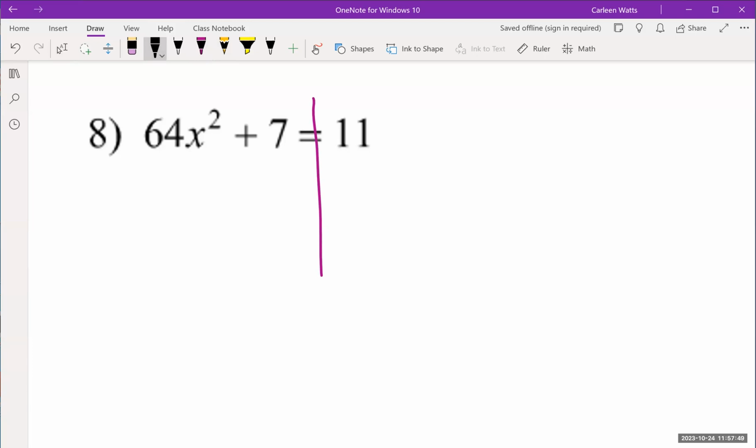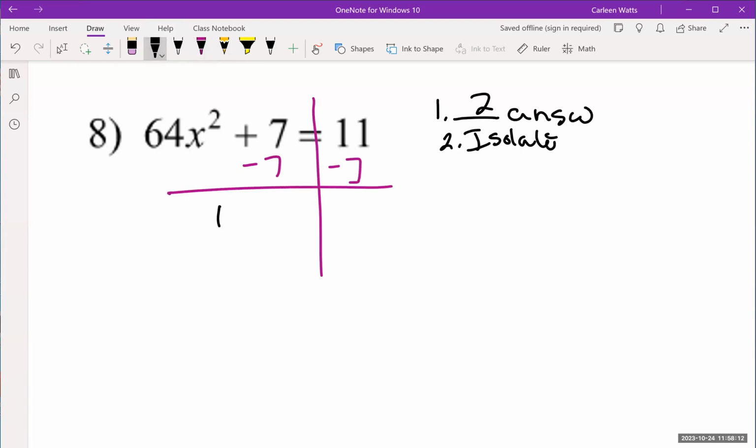Okay, so the parent graph has how many answers? Most likely 2. Sometimes it reduces down to 1, but we'll talk about that later. Okay, isolate. So we are going to subtract 7. 64x squared is equal to 4. Divide by 64.